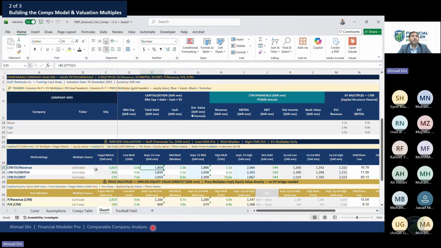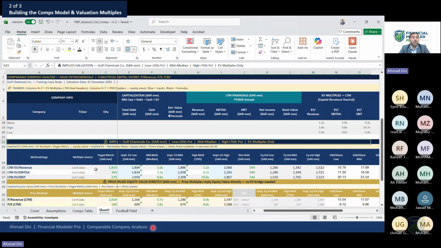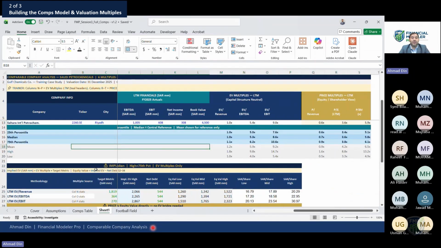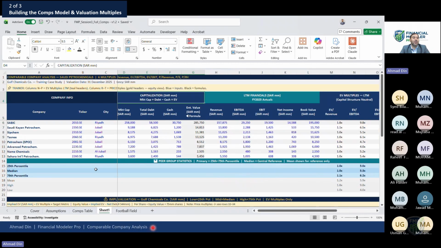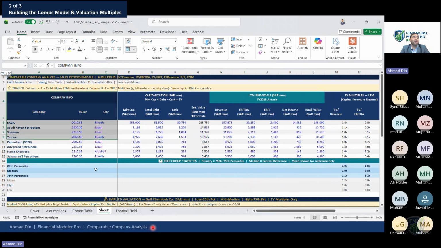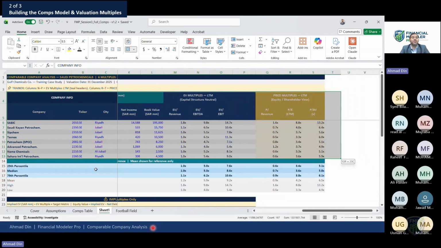Take the median multiples. Why do we have to take the lower and high? I just said that we did not take low and high. We exclude that low and high. We are taking the range. But still we calculate it. For example, if I have to present this to someone, I cannot present this sum in a presentation, so I just use that for the fabric. These are their multiples on the lower side and higher side.